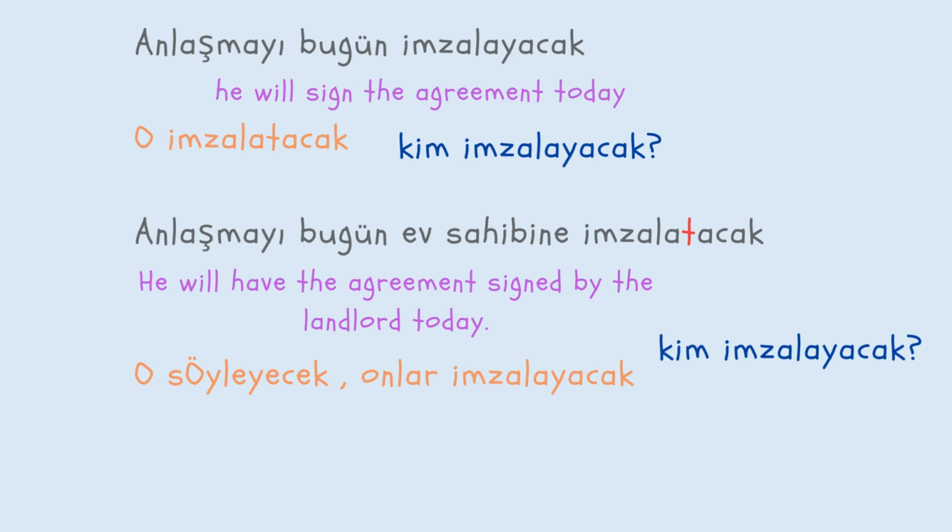Which means, in this case, onlar, the people who's gonna tell, followed by the person who's gonna do the action, ev sahibi, followed by the action he's gonna do, which is imzalatacak.